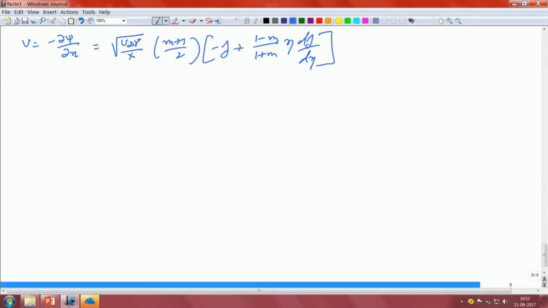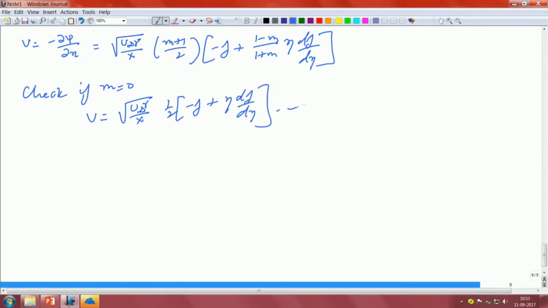Now, if we do a check, if m equal to 0, which is basically the flat plate boundary layer, your v becomes equal to u infinity into gamma by x into half minus neta df by d neta. So, this is quite correct.